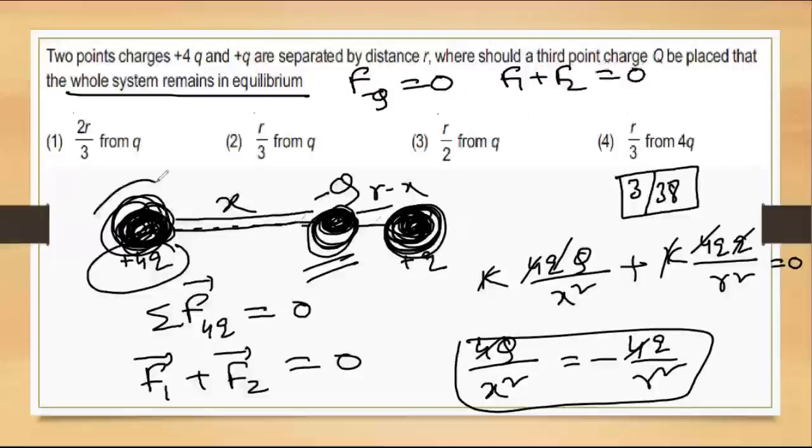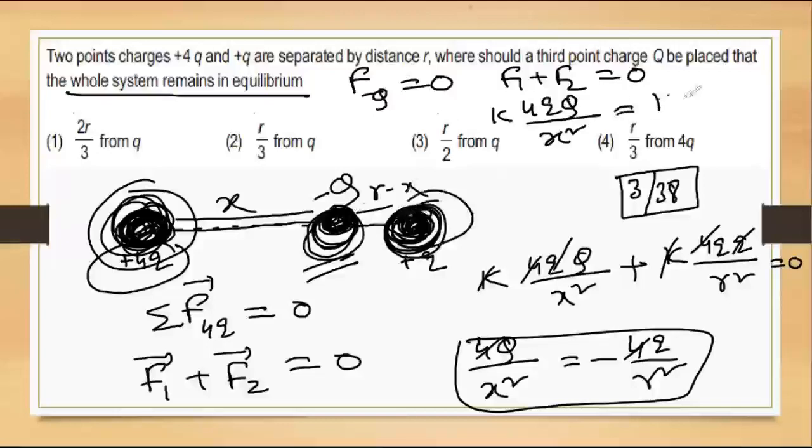F1 is the force given by this, so it will be K 4Q into capital Q by X square. Then the force between this and this will be K capital Q small q by R minus X whole square.